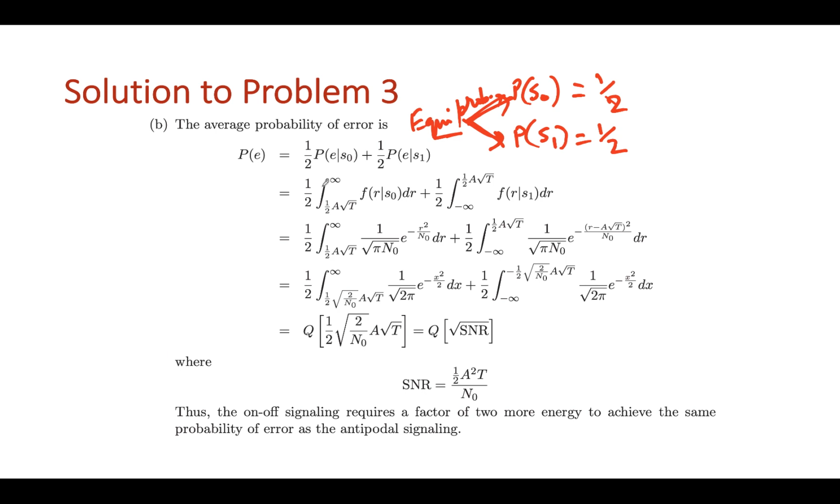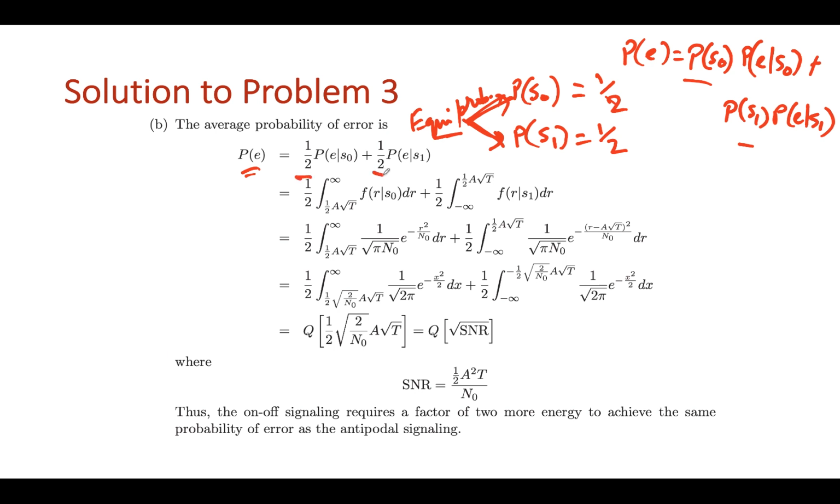So therefore this PE is basically PS0 times the probability of error due to S0 plus PS1 times the probability of error due to S1. And these two are half, so we start with this half, and then you have these conditional probabilities.